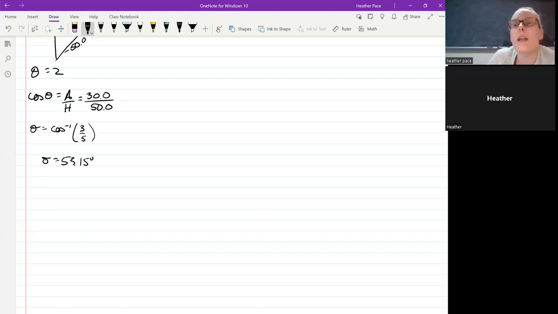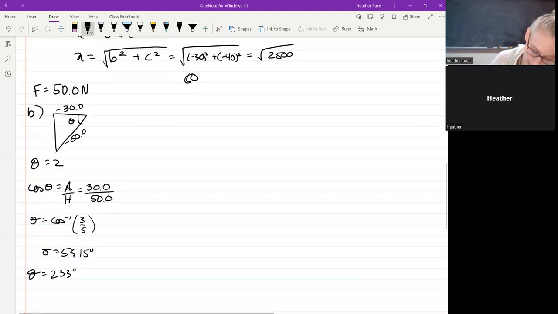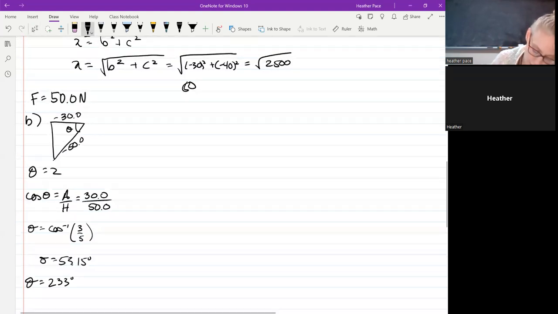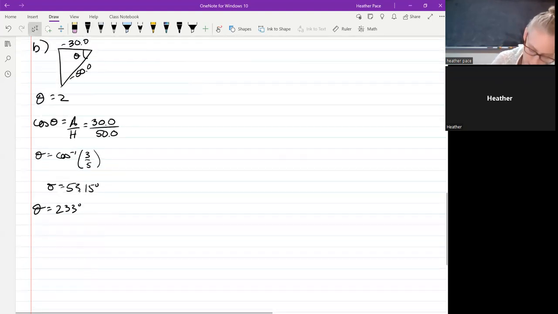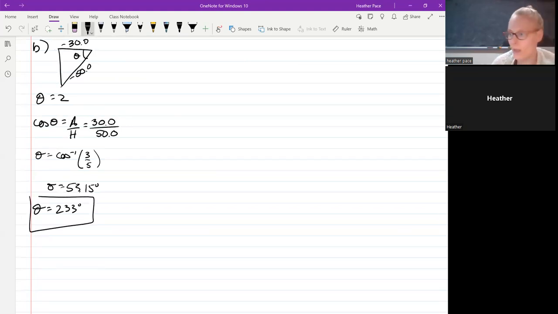Now you could say 53 degrees south of west, or you could just say that your angle is 233. We would add the 53 onto the 180 it takes to get from here to here. So that is your answer. All right, so that's it for that problem.